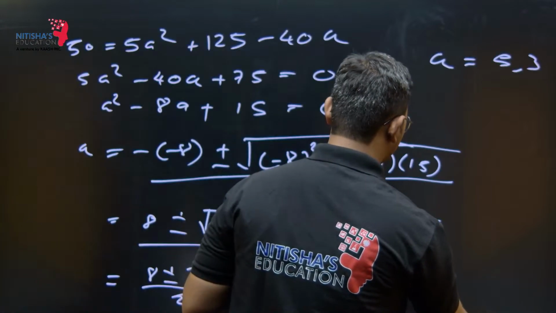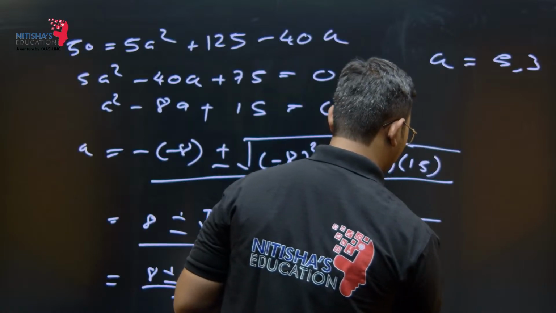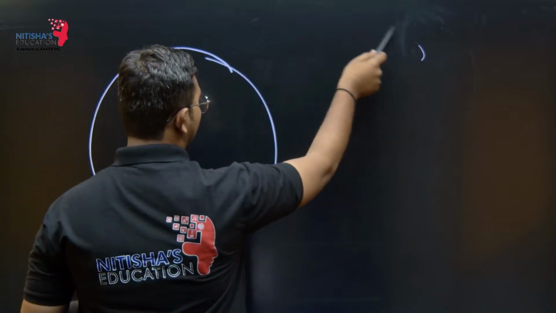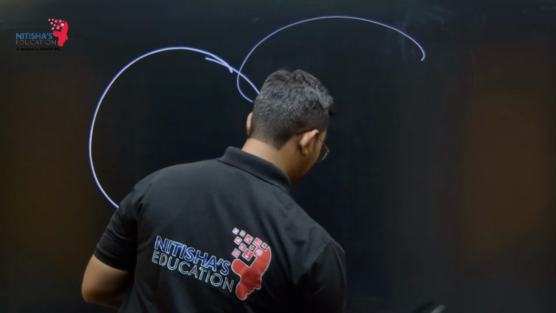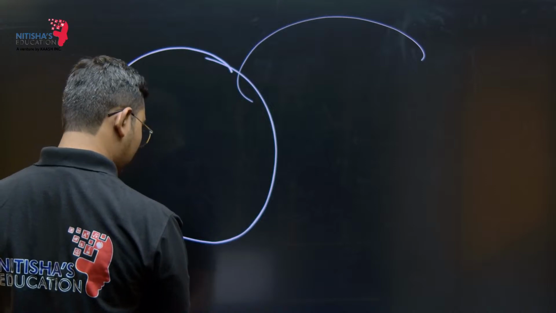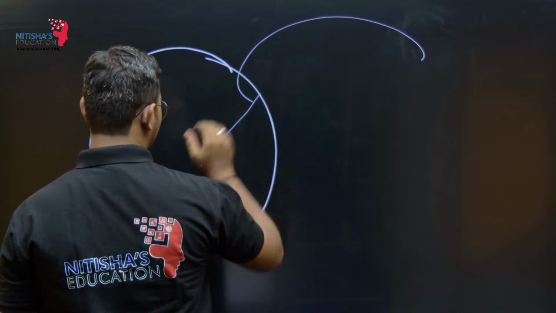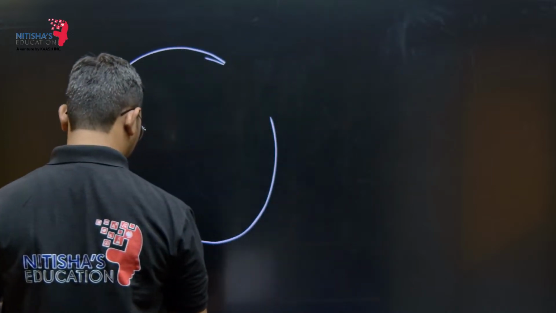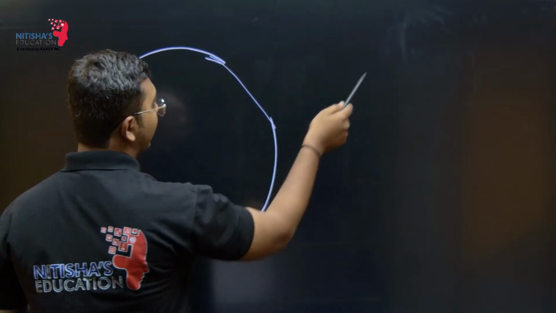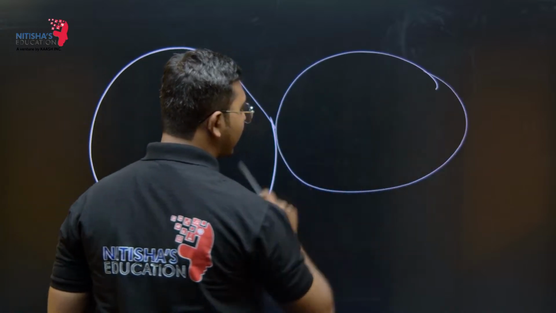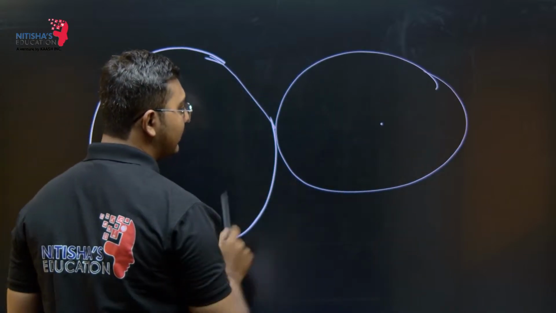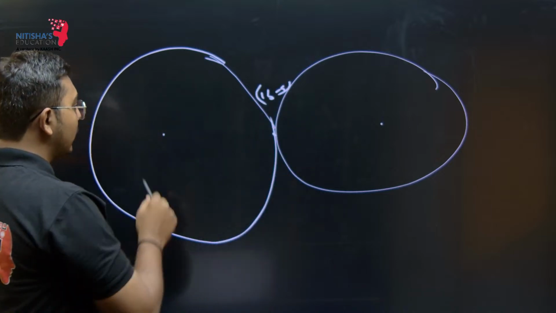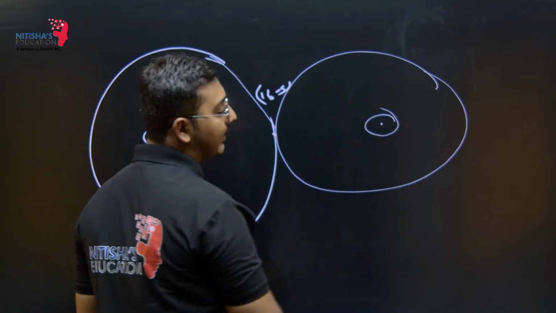Because it is possible that these are the two circles where our centers are these two and the connecting point is 11 comma minus 9. Because of these two, there are two possibilities of the center.